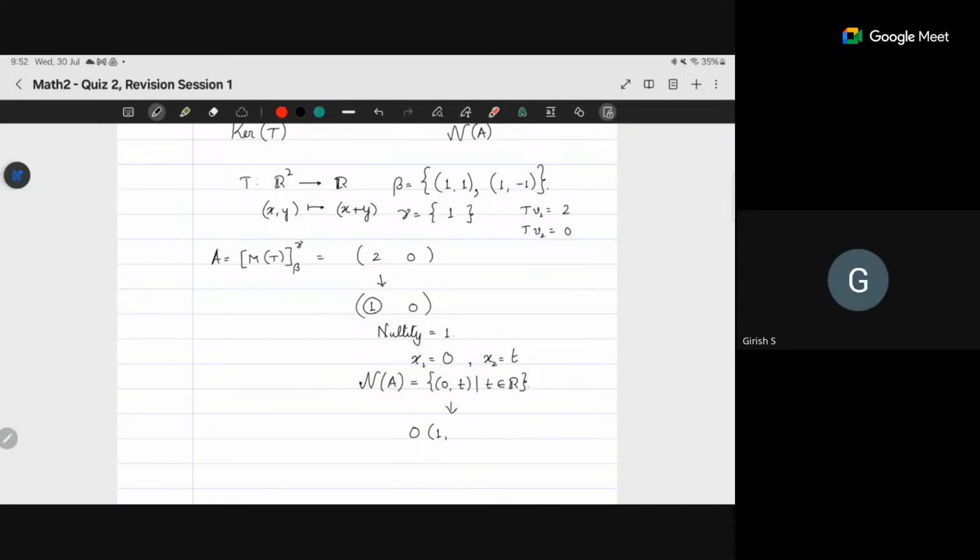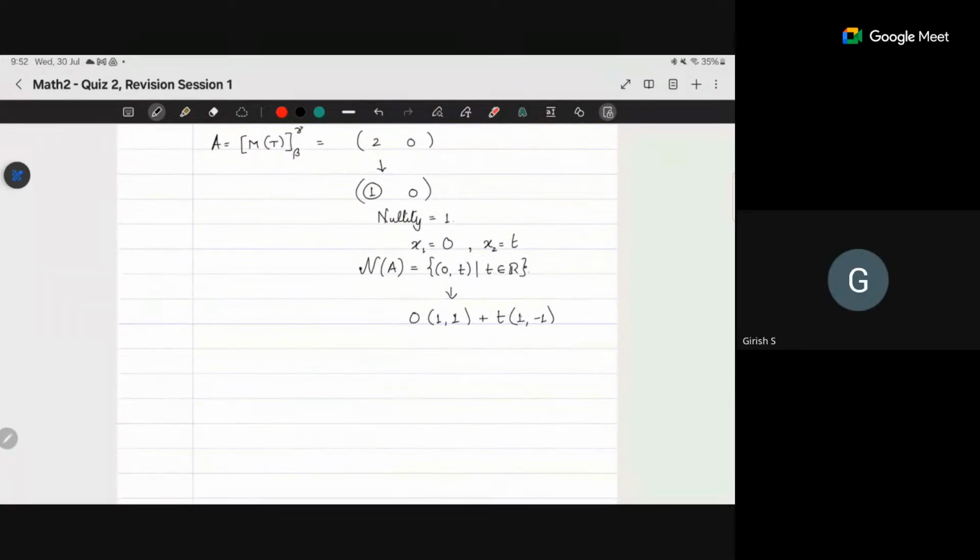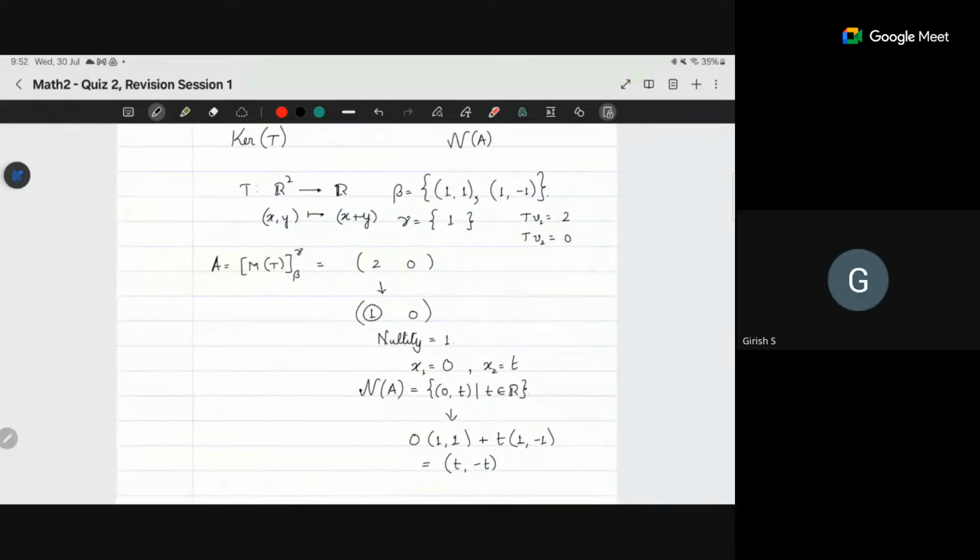So it's 0 times (1, -1) plus t times (1, 1). And in all of these things, the order of the basis is important. I have specified that it's the ordered basis. So what I get is points of the form (t, t), (t, -t) sorry. And that happens to be the kernel of this.